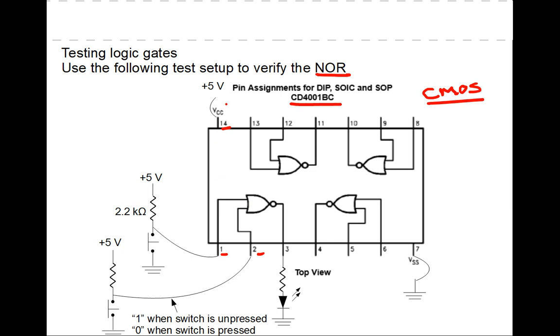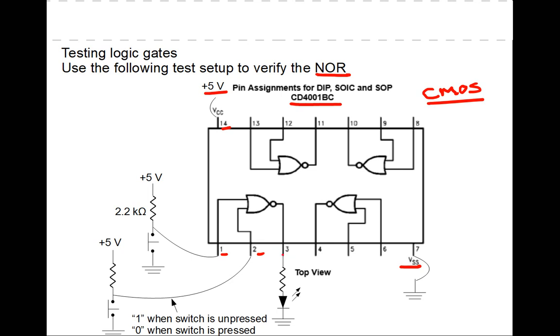The first thing to note is we will connect a 5 volt power supply to pin 14. We will ground pin 7. So that's a 0 on there. Then we will pick one of these gates to experiment with, and I just simply looked at the gate whose inputs are 1 and 2, and output is 3.